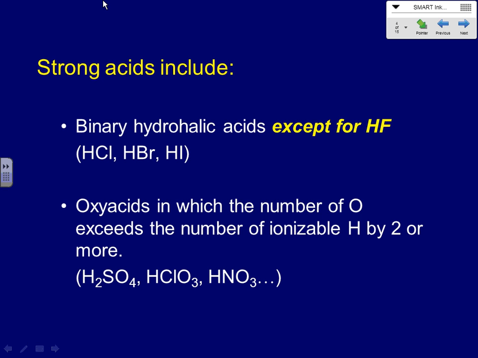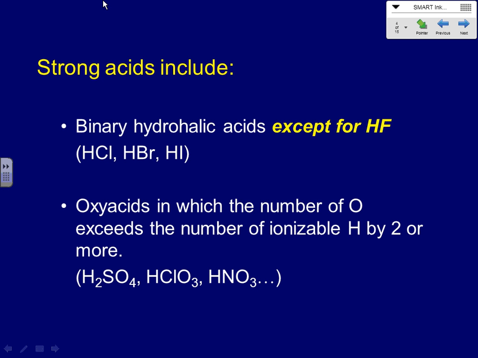So strong acids include the hydrohalic acids, right? Like hydrochloric and hydrobromic and hydroiodic. Hydrofluoric is not strong. There's a large electronegativity difference between that H and the F. That makes this almost ionic.